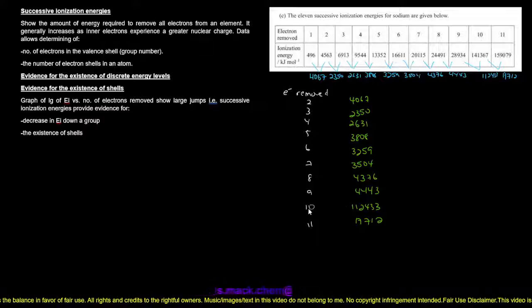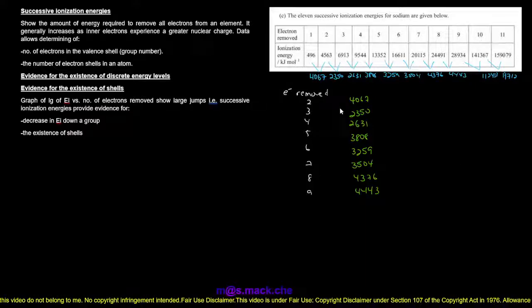So our 10th and 11th electrons, of course, are closest to the nucleus. They would require the largest amounts of energy in order to remove them from the element. We are looking at our electrons being removed, and we're looking for a large jump in that ionization energy.